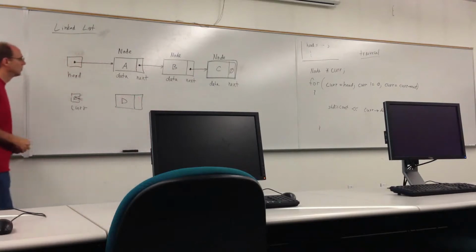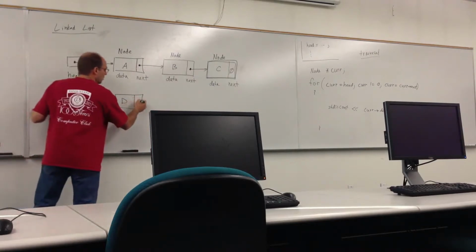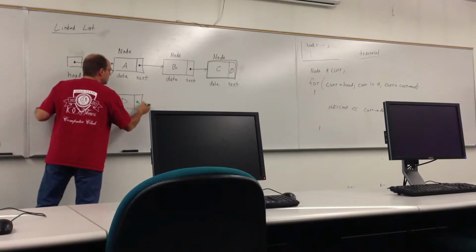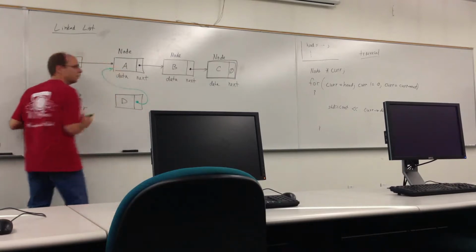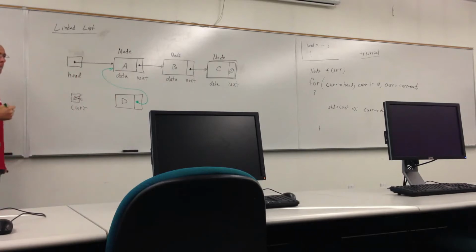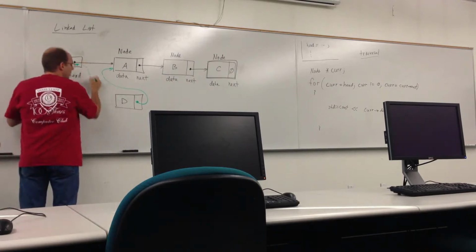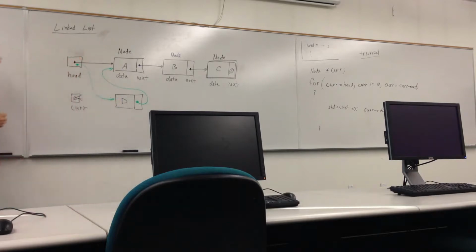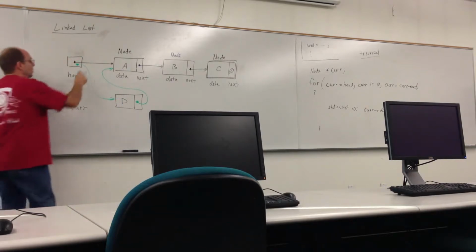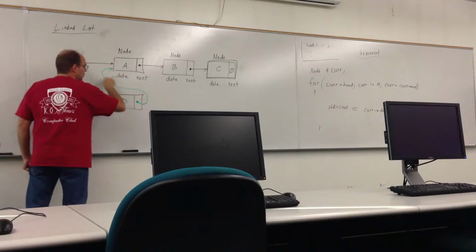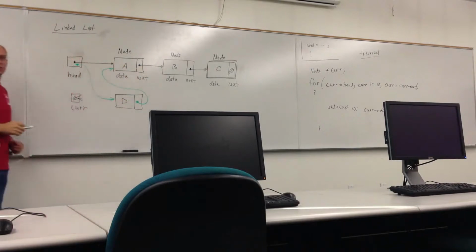So next equals the address of A. Okay, so this node's next needs to point there, right? And head needs to now point to D. If we do that, then, ignoring that black line and using these green lines, we now have a linked list, right? With all 4 items in it.